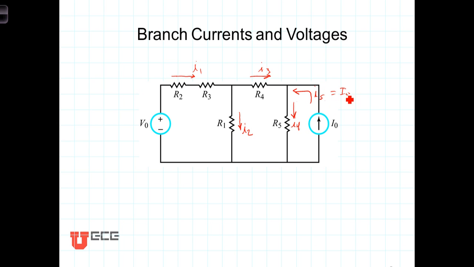But in order to analyze this circuit using branch currents, we would have 5 different variables. And when using those variables, we could then write KVL and KCL equations and solve for any branch voltage or branch current in that circuit we wanted to do.